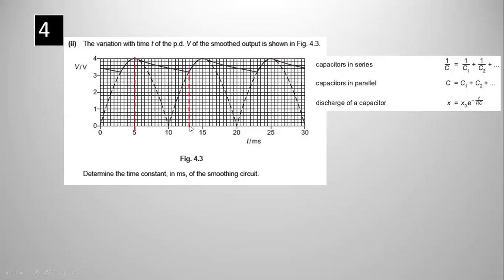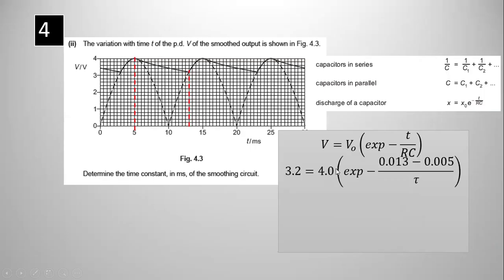T is, this one is 11, 12, 13. So 13 minus 5 is 8 milliseconds. That is the change in time. Right? So replace the x with V naught, and then initially it is 4.